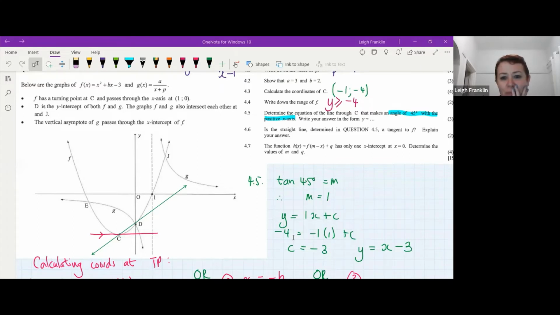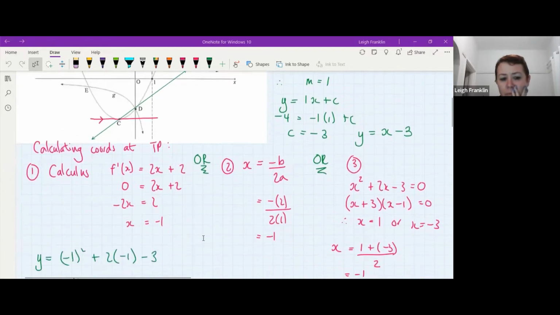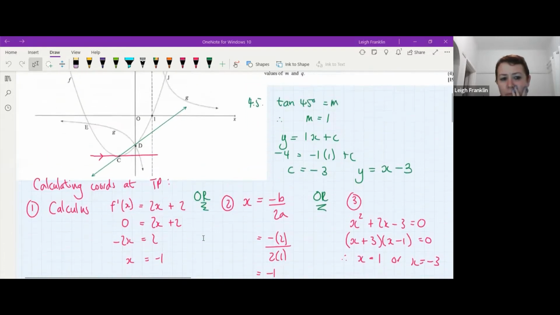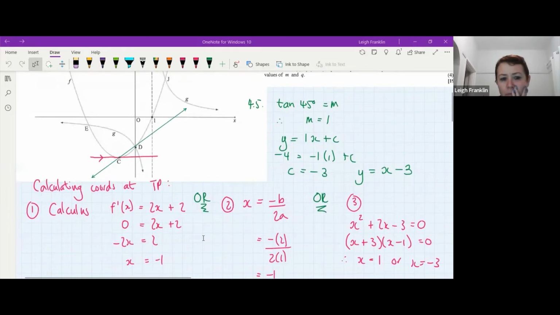Ma'am, I don't think it's going to be a tangent because remember when we're looking for the coordinates of C, which is the turning point, using calculus, you got that our gradient was 0. So I don't think it will be a tangent since it will have a gradient of 0 at the turning point at C, which is the turning point. Okay, all right, fair enough.